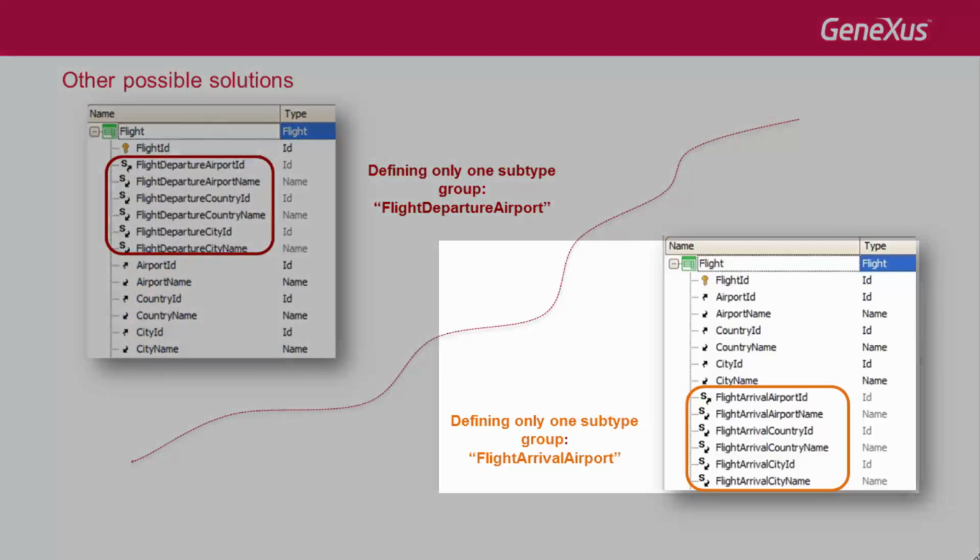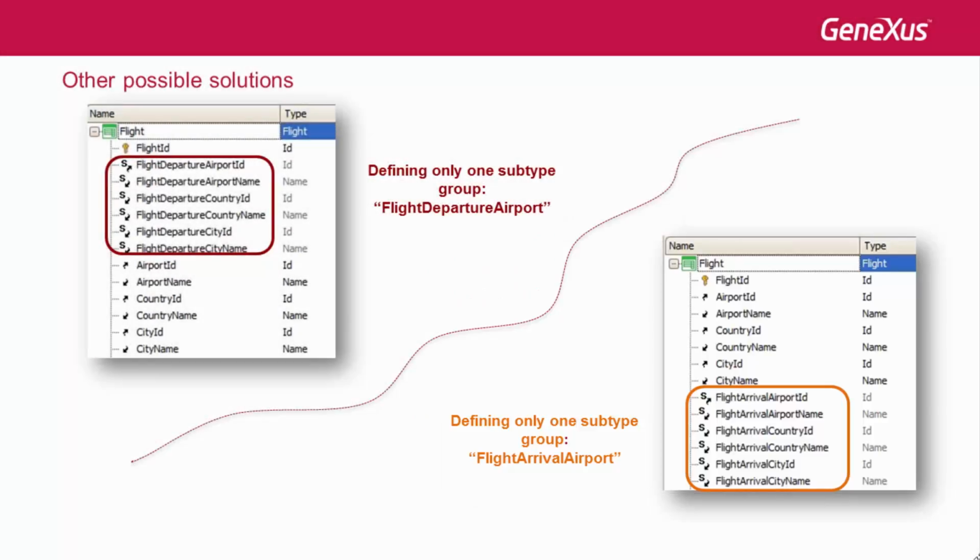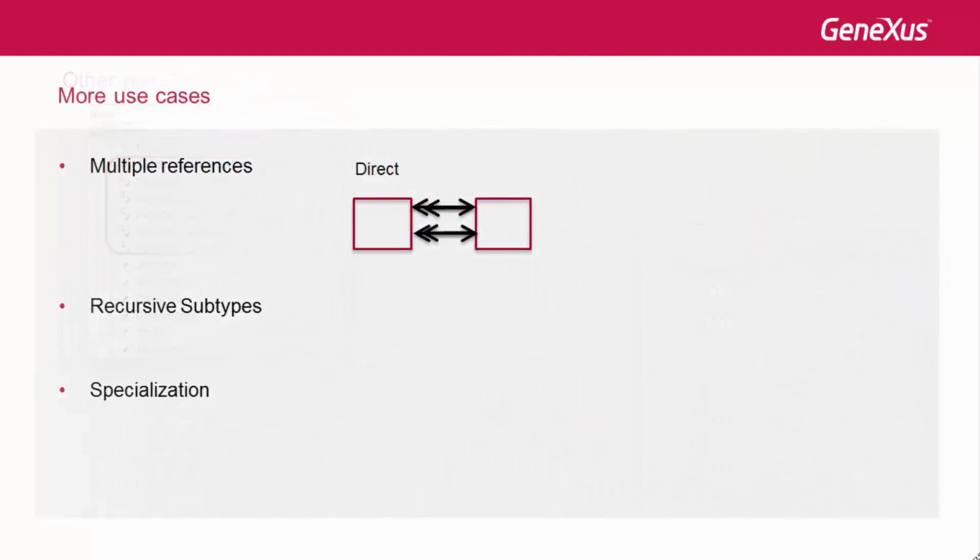In this other proposal, a single group of subtypes has also been defined, but in this case for the group corresponding to the arrival airport. In sum, subtypes enable us to indicate to GeneXus how to associate different attribute names to a single concept. And, as we saw, validations as well as all the behavior of subtypes will be identical as if we had used the supertype attributes.